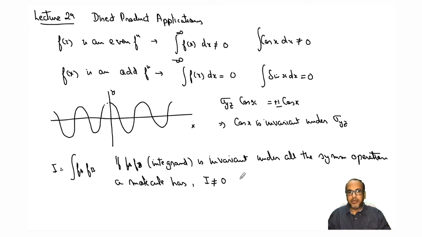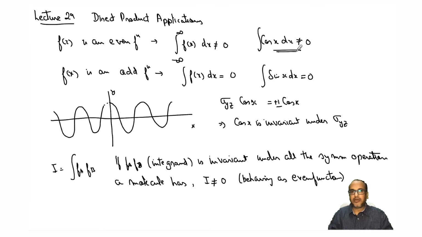That means it is behaving as an even function, just like we saw the case of cos x dx. Because it is invariant under sigma YZ, we saw that it is not equal to 0.